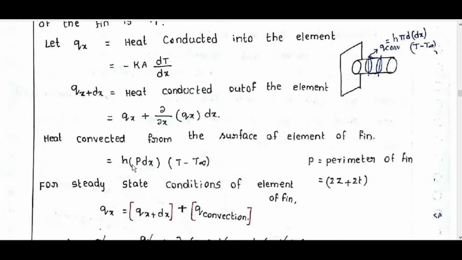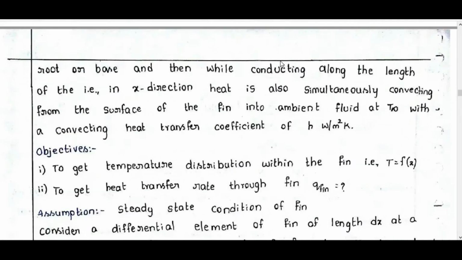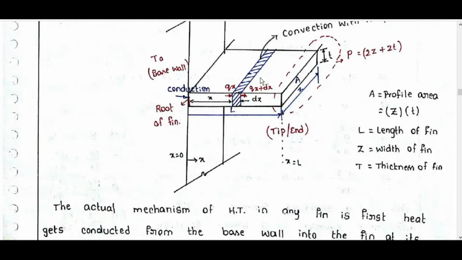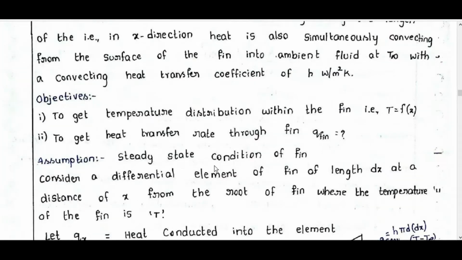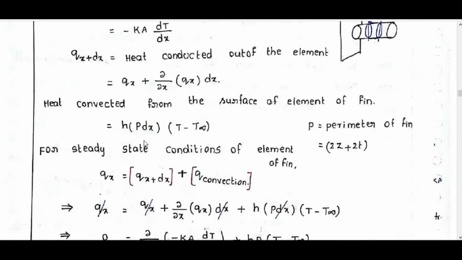Heat convected from the surface of the element of fin is equal to h into P dx into (T minus T infinity). P is the perimeter of the fin and is equal to 2z plus 2t. This whole surface is in contact, so for convection we use P into dx as the area.